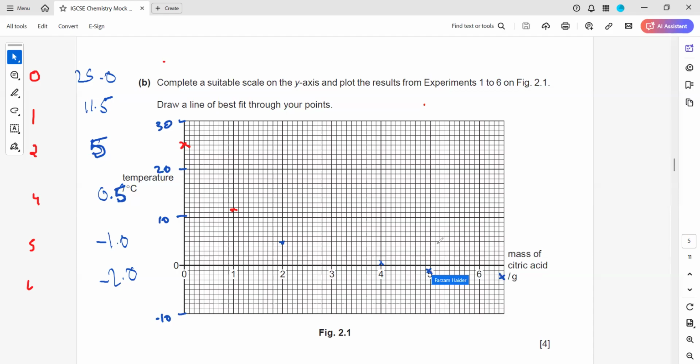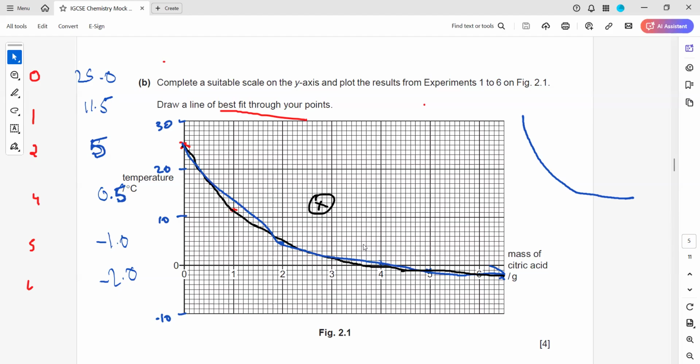Look, the line of best fit should go through your points. It will be a curve, so we have to join these points. A freehand graph we have to make. Sometimes in a graph, one of the points appears to be anomalous, so you ignore that. Let's say one of the values was here, for example. We ignore that, as it is not lying on the line pattern.